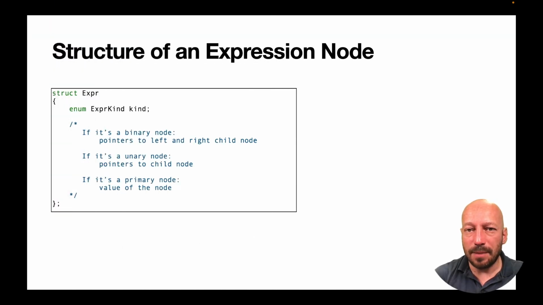Of course, the key for representing a complete expression tree is the representation of a single expression node. And here you have to make a first choice. How should you call this structure for a single expression node? The most expressive name certainly would be expression node. But then you also have to consider that in C we do not have function overloading. And if you want to provide functions for accessing expression nodes, then you always have to make the name of the struct part of the function name.